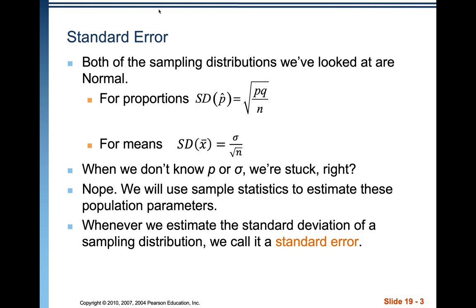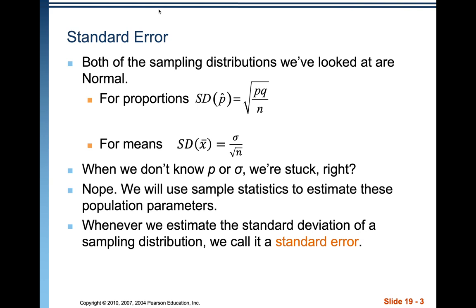Okay, standard error. Both of the sampling distributions we've looked at are normal. So for proportion, the standard deviation of p hat, the sampling distribution of all the sample proportions, is equal to the square root of p times q over n, where p is the population proportion.